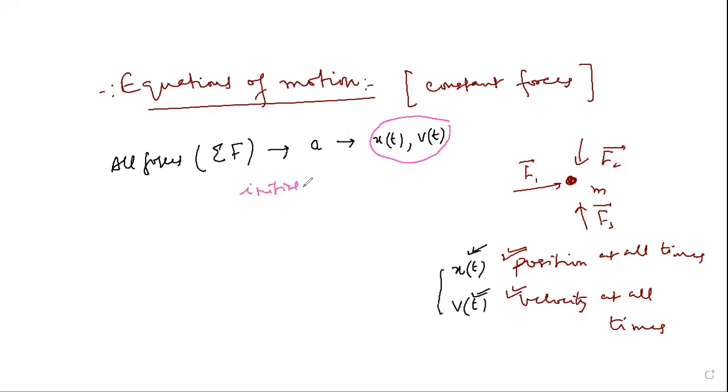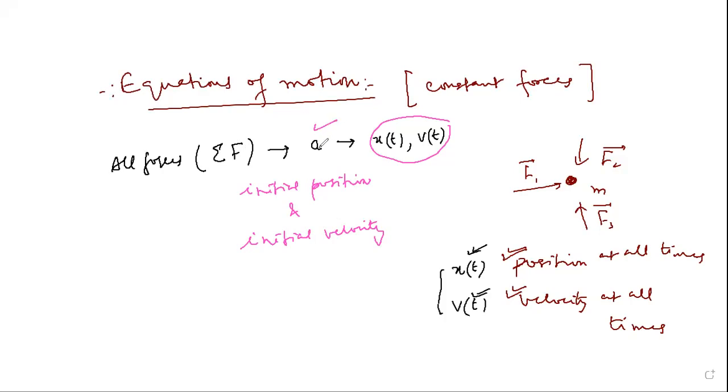Initial position means the position at t equal to 0, and initial velocity means the velocity of the particle at t equal to 0. I repeat, how we obtain equations of motion. We figure out all the forces acting on the particle. Using Newton's laws of motion, we find the acceleration of the particle.